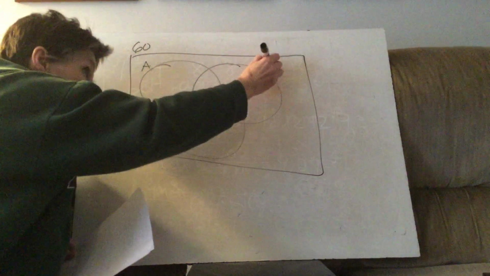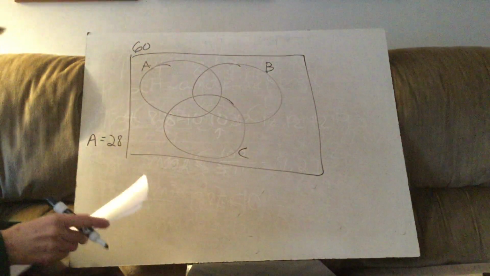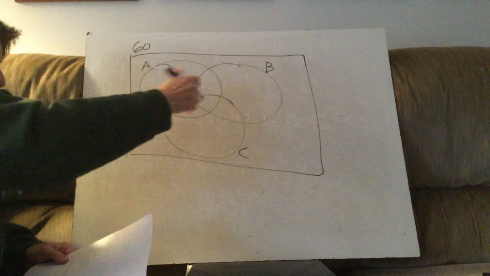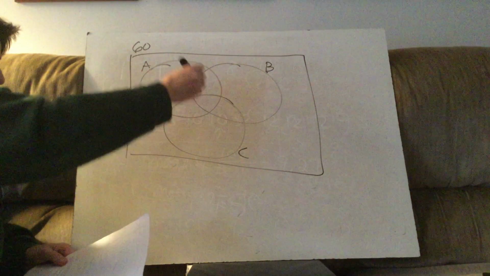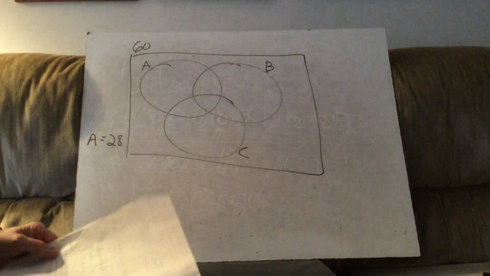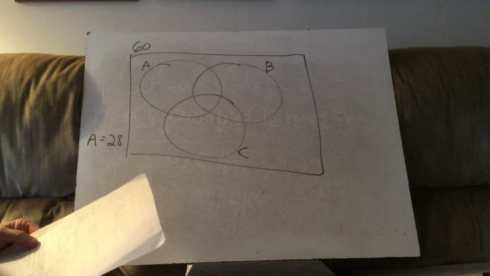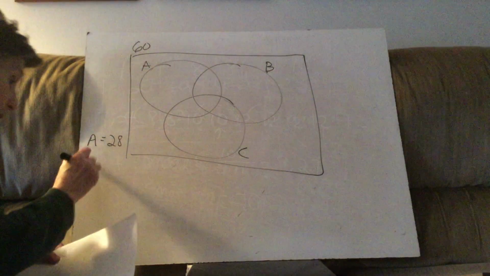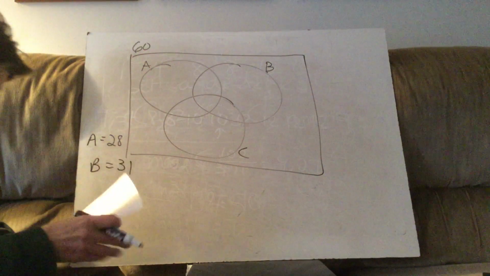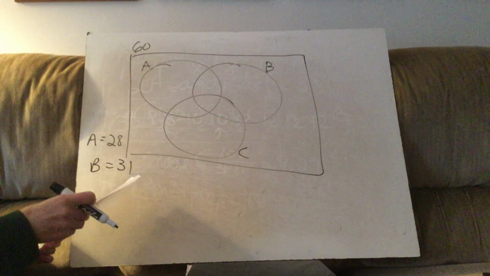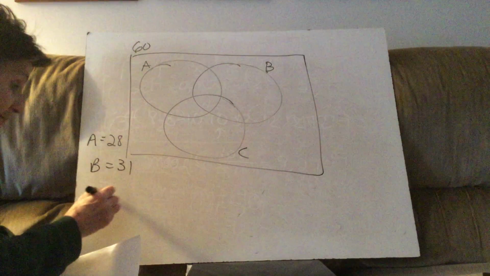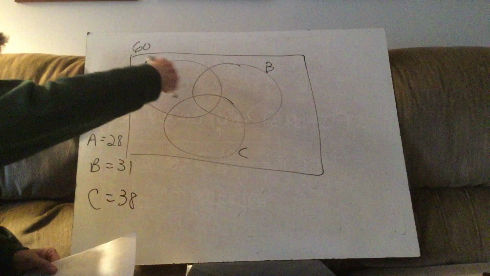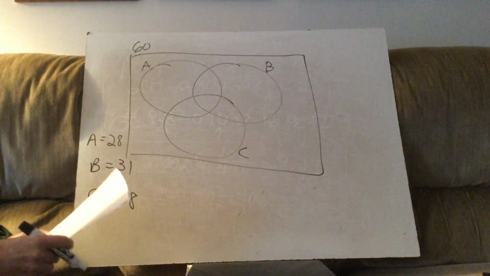So we got A's, B's, and C's on our report card. So these people right here have at least one A on their report card. 31 have at least one B. And 38 have at least one C. So we got the A's, the B's, and the C's.